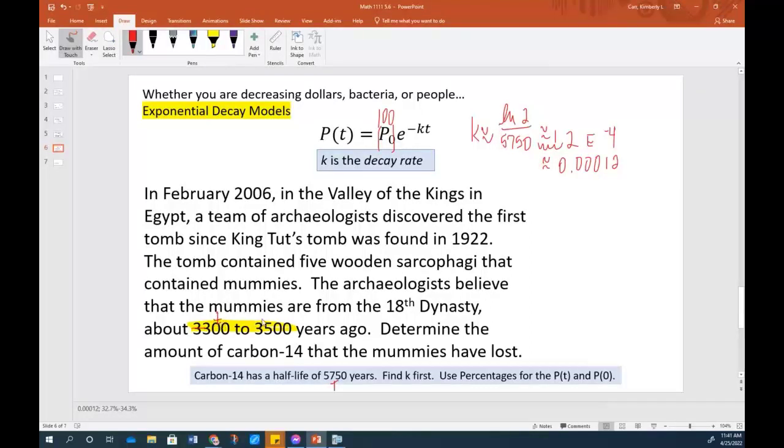Down here, I have two values for time. So I can say, well, P of 3,300 is equal to, and now I'm going to bring up my calculator again, and I'm going to put in the K value I just found, as well as that very first T value.